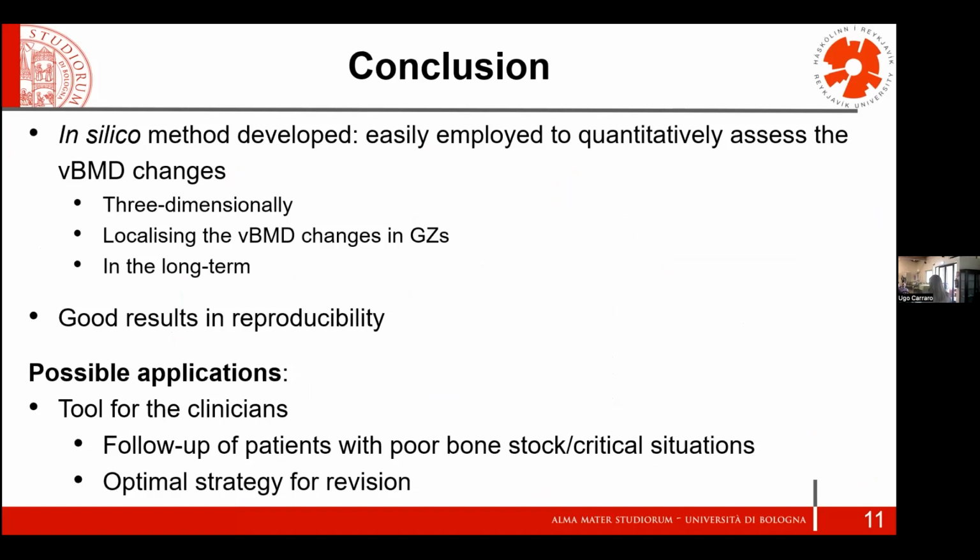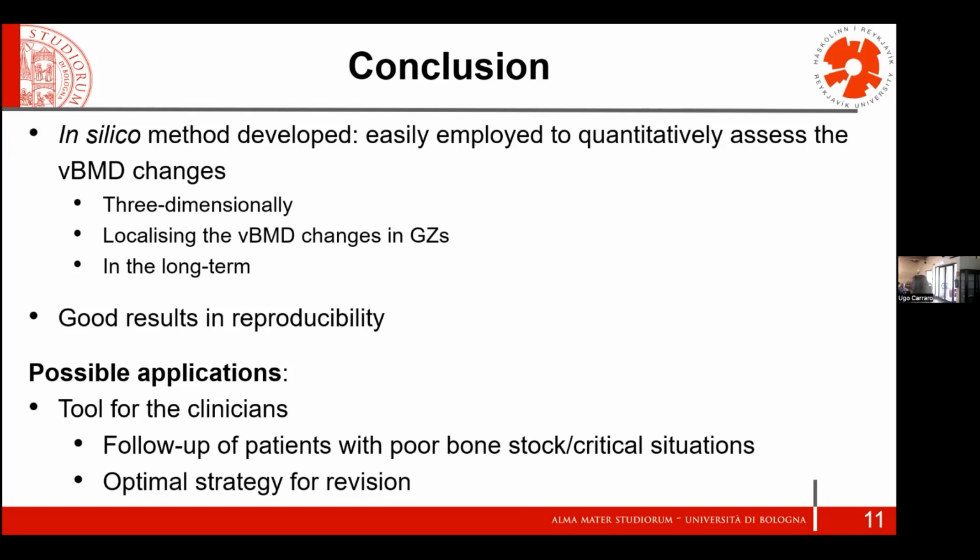So just to conclude, the in silico methodology that we developed can be easily employed to quantitatively assess how bone remodels in a 3D way, localizing these changes in the Gruen zones and in the long term. We tested the method and it gave good results in terms of reproducibility.